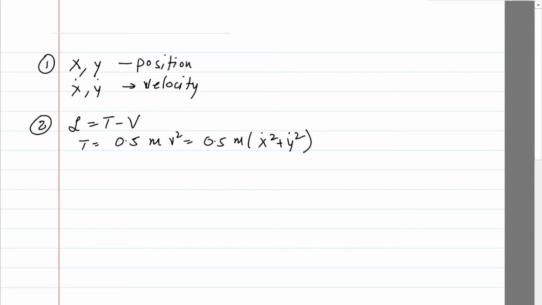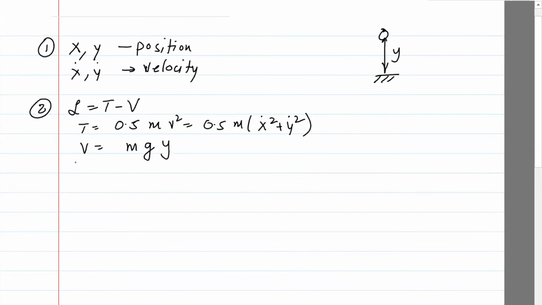And then the second part, which I wrote down in my formula, was the rotational part involving theta dot, and that is zero here because a point mass doesn't have rotational motion. There's no inertia associated with a point mass. Finally, V is mass times gravity times the height of the projectile from the ground. So that's simply y.